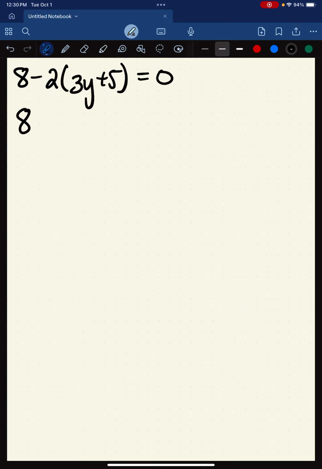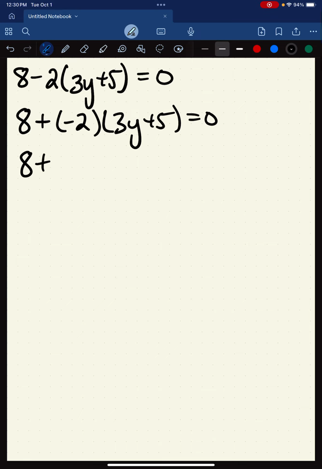Okay, let's do 8 minus 2 times (3y plus 5) is equal to 0. First, let's rewrite this. Minus 2 times is the same thing as plus negative 2 times (3y plus 5).